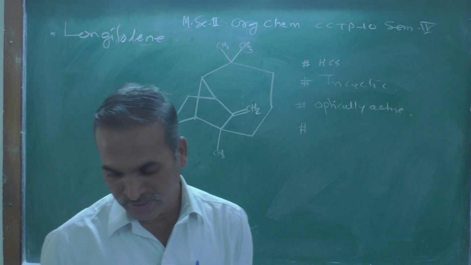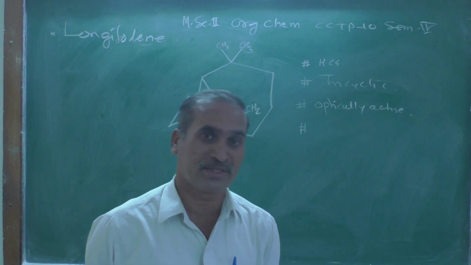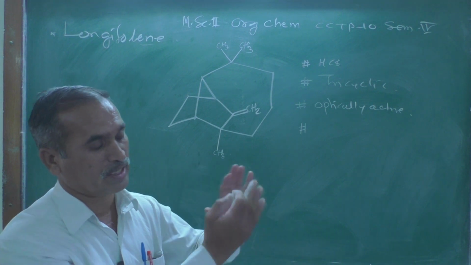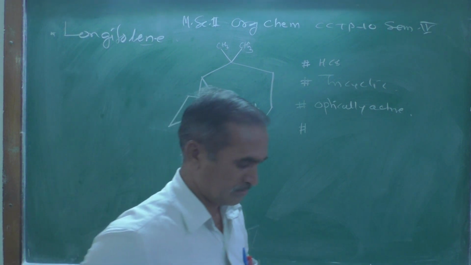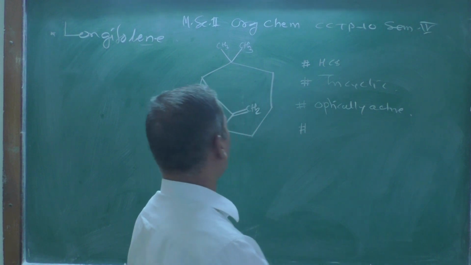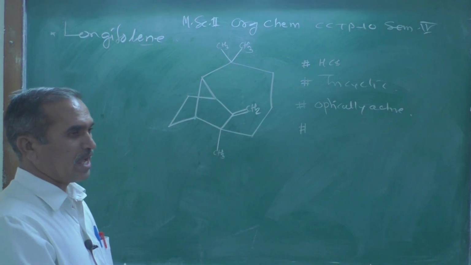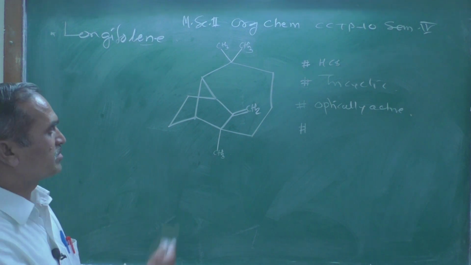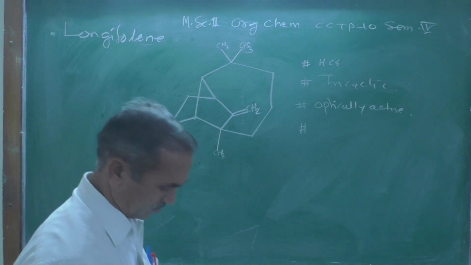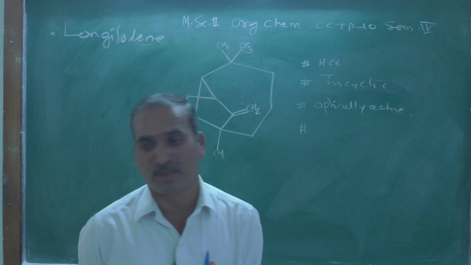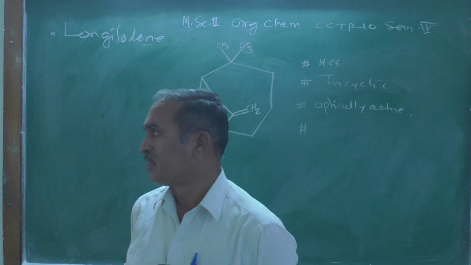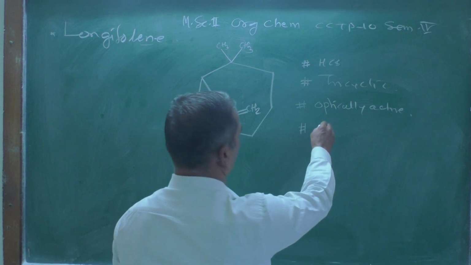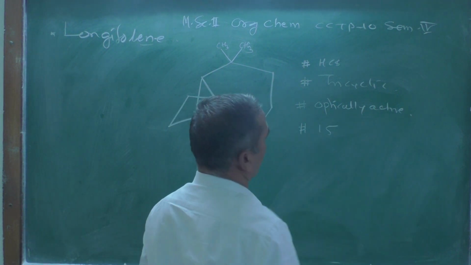Before that, there is a numbering system given to this compound while studying longifolene. It has a definite numbering system and the numbers are given here. So how many total carbon atoms are present in longifolene? You will see there are 15 carbon atoms.